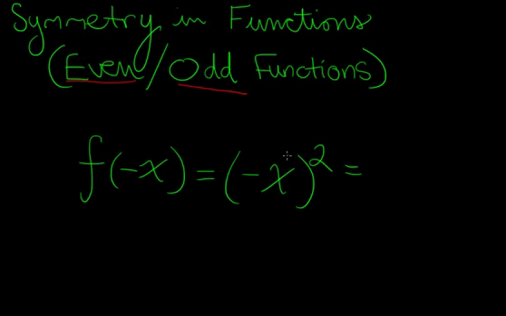And then x times x is a positive number, so you have an even power here, and you should get a positive number all the time. So we just say that that's equal to x squared.